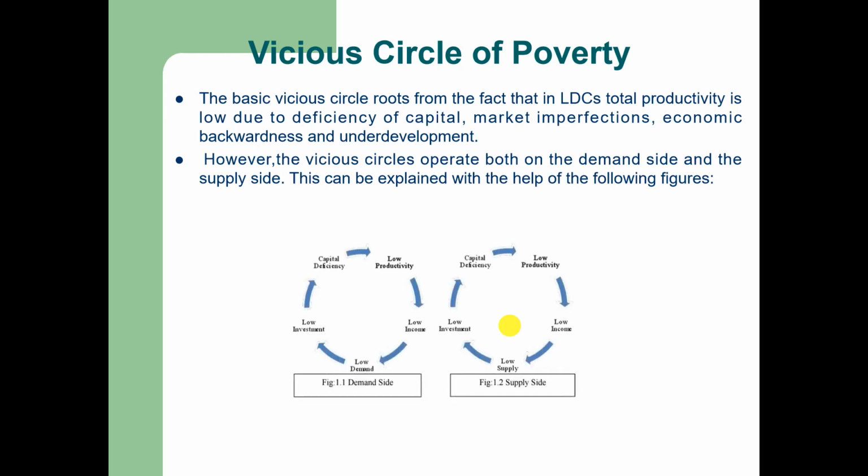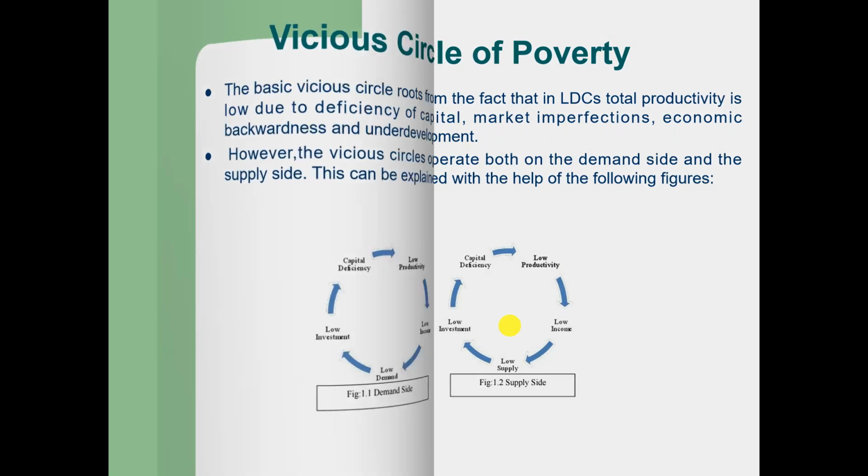These two figures show the vicious circle of poverty on the demand side and on the supply side. The figure on the left hand side indicates the vicious circle of poverty on the demand side, whereas the figure on the right hand side shows the explanation of the vicious circle of poverty on the supply side. We will explain both of these vicious circles in a bit more detail.